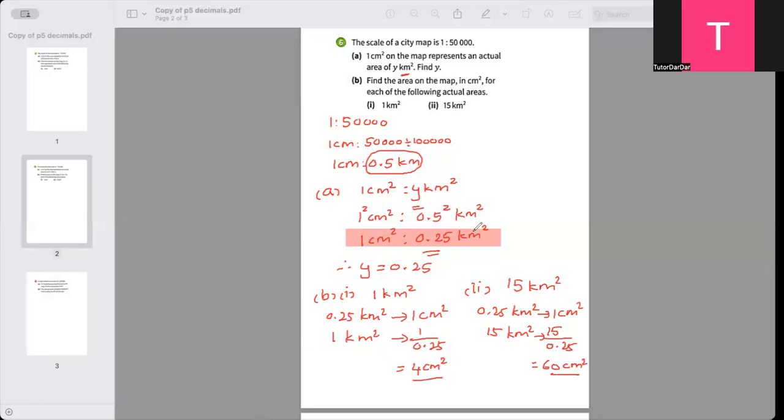This is the answer. This is also the answer. Okay, this is number 6.